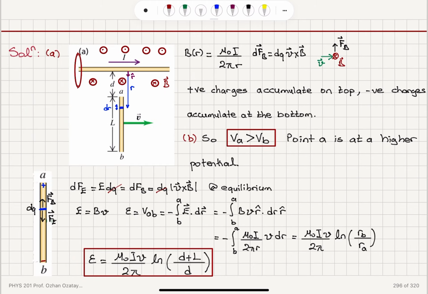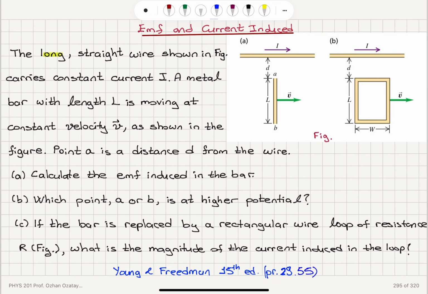But here there's a motional EMF on this straight bar, because we have the charges on the bar subject to the Lorentz force due to the velocity of the bar and the magnetic field that they are subject to.